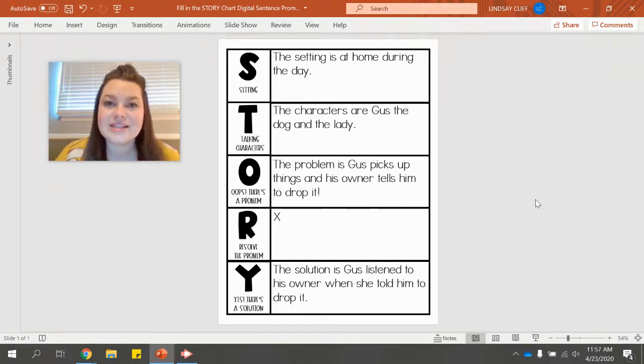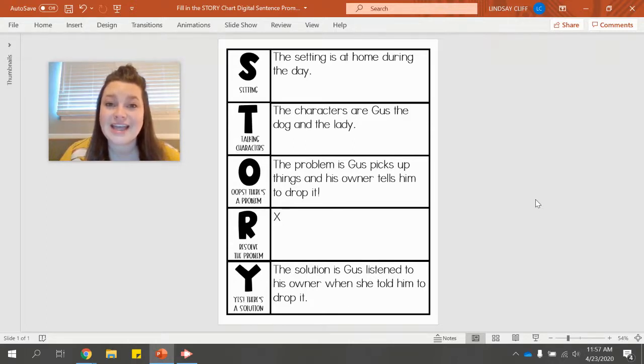All right, so let's go back and talk about all of the story elements in our book, Drop It. So for setting, we know that that's when and where the story takes place. We said that this was at home during the day. T is for talking characters. We know the characters are Gus the dog and his owner the lady. O is for oops, there's a problem.